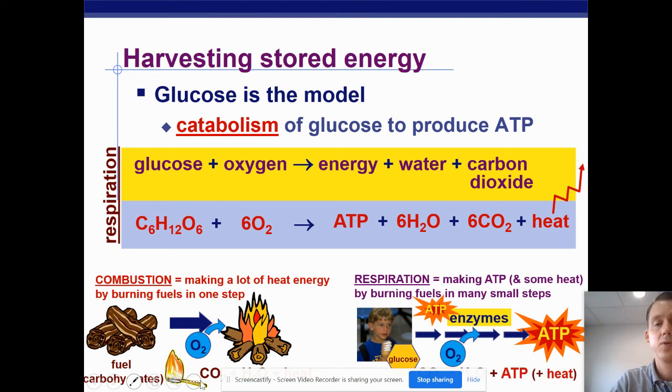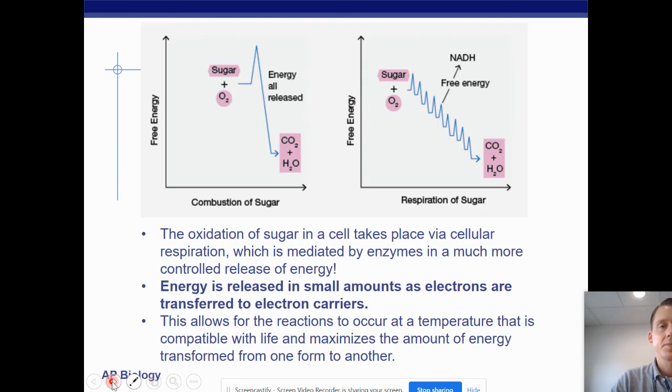And we're going to produce carbon dioxide and water as a waste product. Okay, so this slide is just showing you the difference between burning something, all of the energy being released at once, and what we're going to be doing with cell respiration, which is letting energy get released step by step.